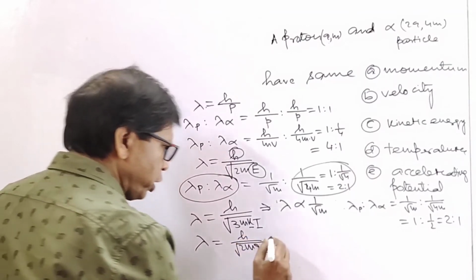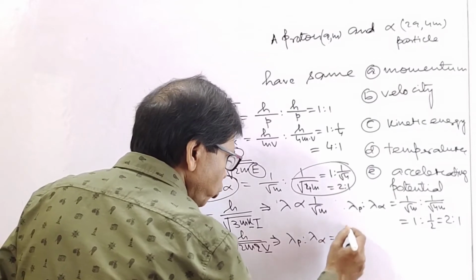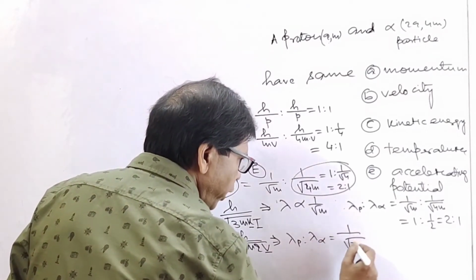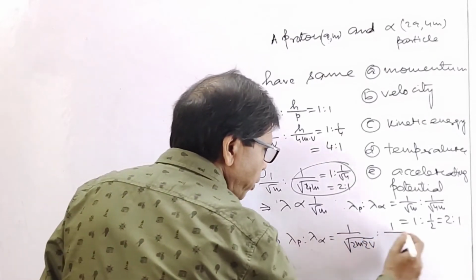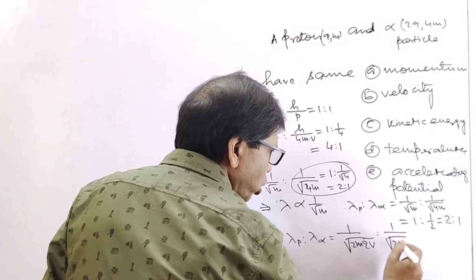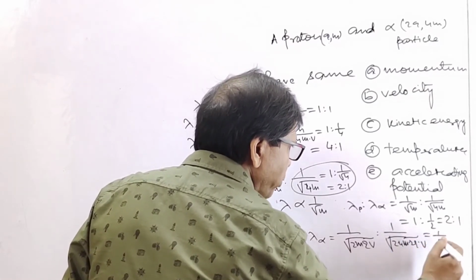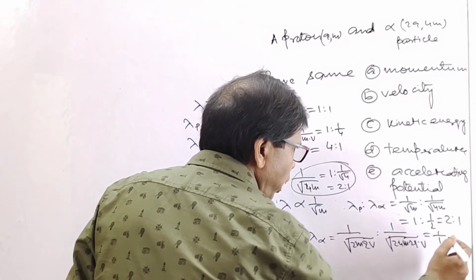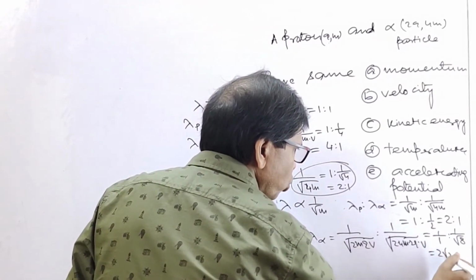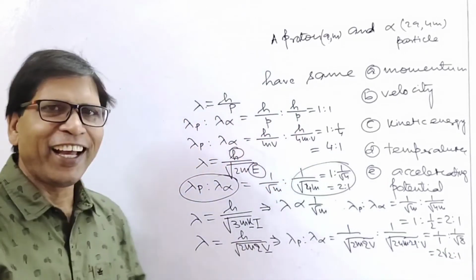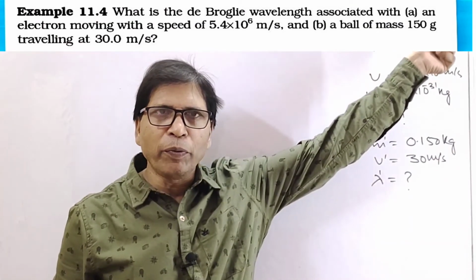Here h and V are constant. So lambda p is to lambda alpha: 1 by root under 2mqV is to 1 by root under 2 into 4m into 2q into V. So this is 1 is to 1 by root under 8, so this is 2 root 2 is to 1. Okay? Understood?